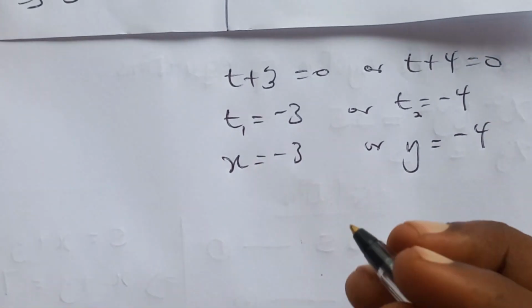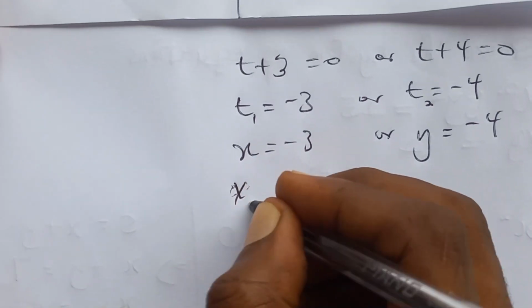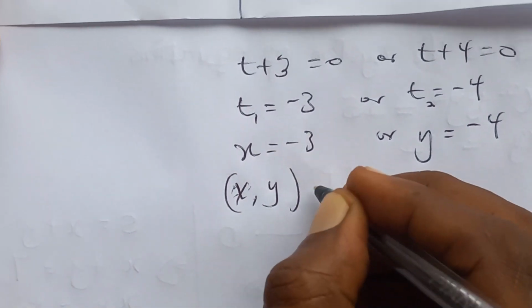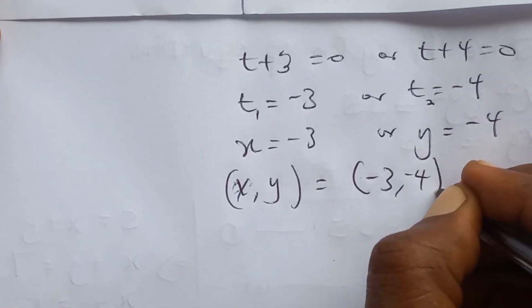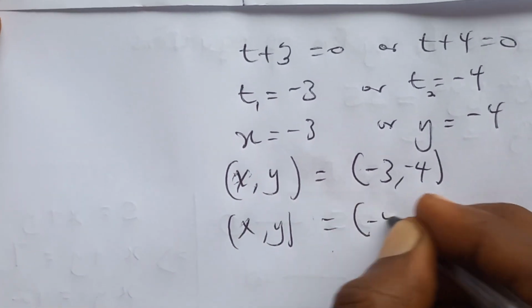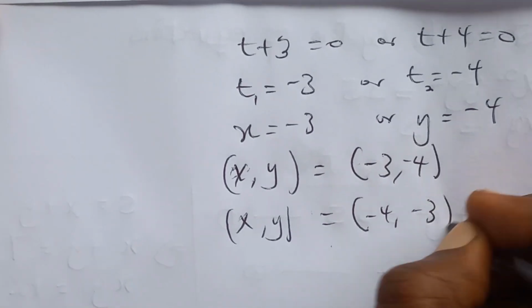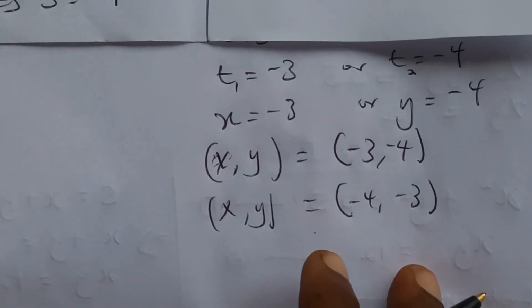So we get another set of solutions, which is x, y is equal to negative 3, negative 4, or x, y is equal to negative 4, negative 3. So these are the solution sets for the system of equations.